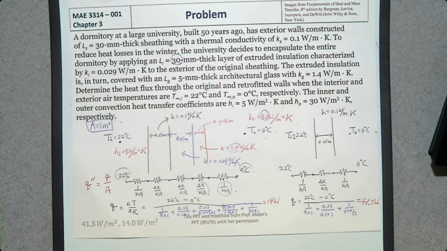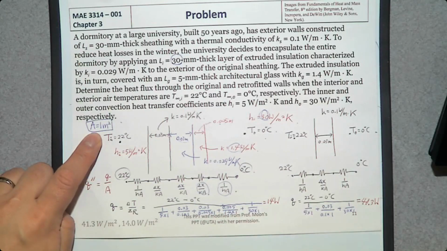By the way, this Q is the rate of heat transfer. What we want to determine is the heat flux. And how do you determine heat flux? Q double prime. Heat flux is the rate of heat transfer divided by area. So what is the unit? Watt per meter square. And what is the area? 1 square meter.